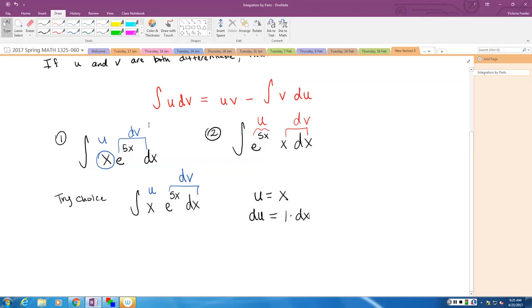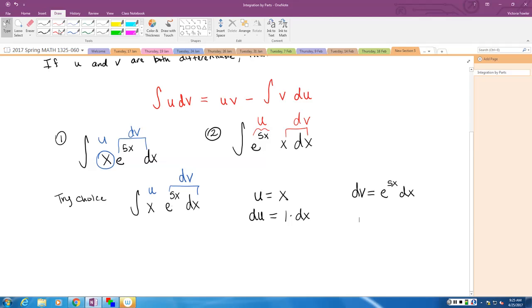Now I'm saying I've determined something else to be called dv. And so let's go through off to the side. I go, well, dv I've said is going to be equal to e to the 5x dx, right? And if I want to go from dv back to a v, because my formula up here in red says I need a v, how do you go from dv back to v?